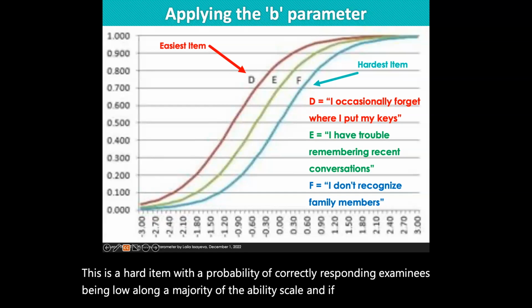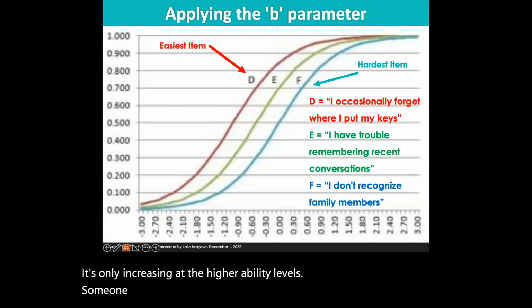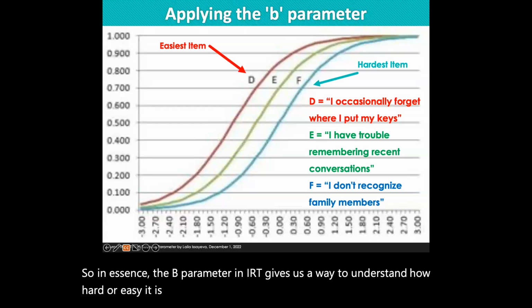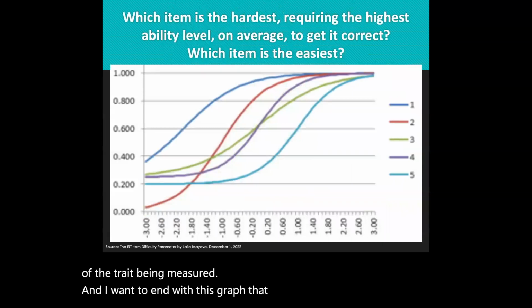And if you look closely, it's only increasing at the higher ability levels. So in essence, the B parameter in IRT gives us a way to understand how hard or easy it is for someone to endorse an item depending on their level of the trait being measured.